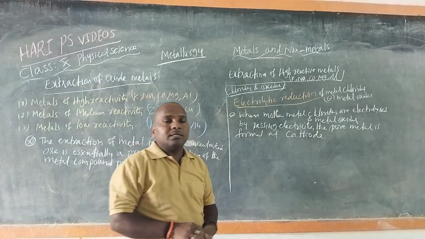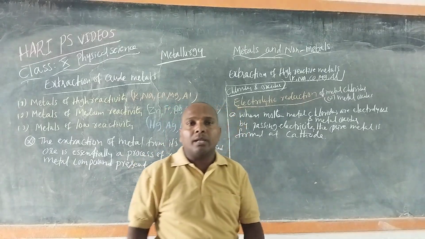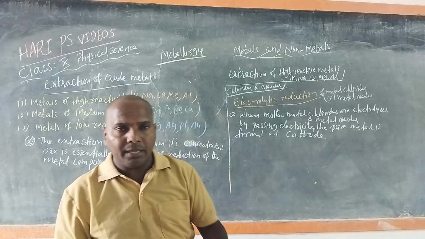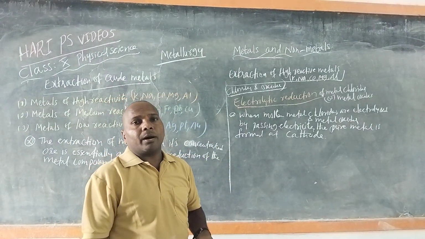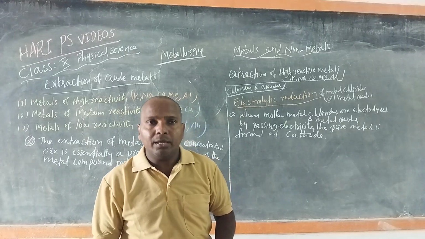The cathode is an electrode which is connected to the negative terminal of the cell or battery, whereas the anode is the positive electrode which is connected to the positive terminal of the battery.